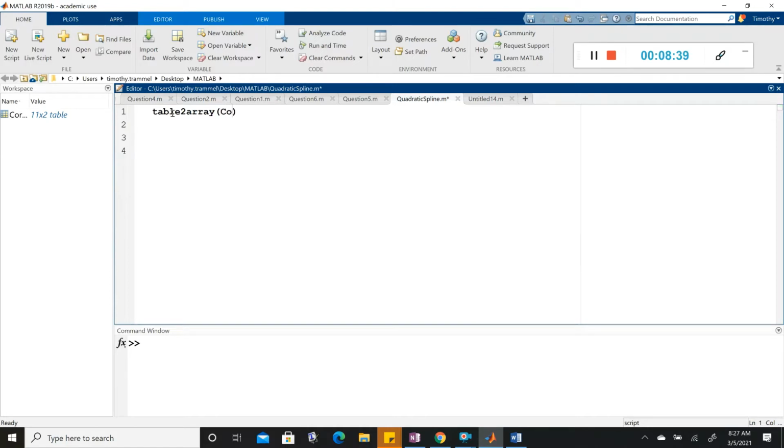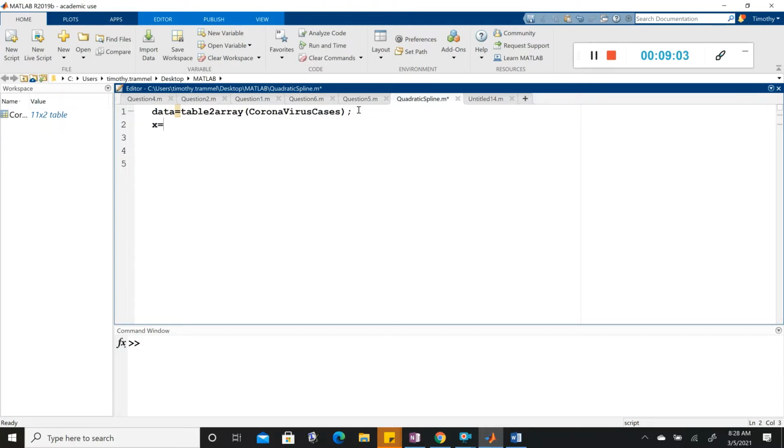This was called coronavirus cases. Let's call this thing data. That looks better. And I want to break it into two pieces.